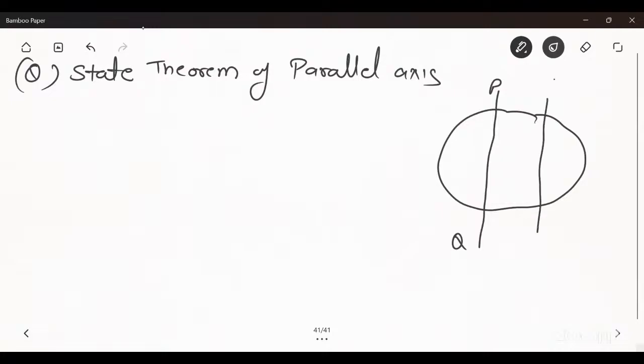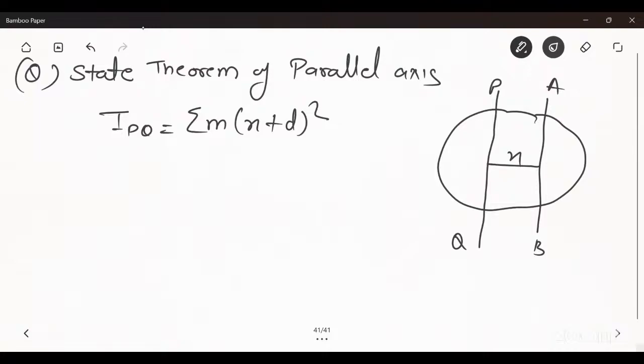That was your second axis AB, and the distance between them is x. Now IPQ is equal to the mass times the distance between them, x plus d whole square.